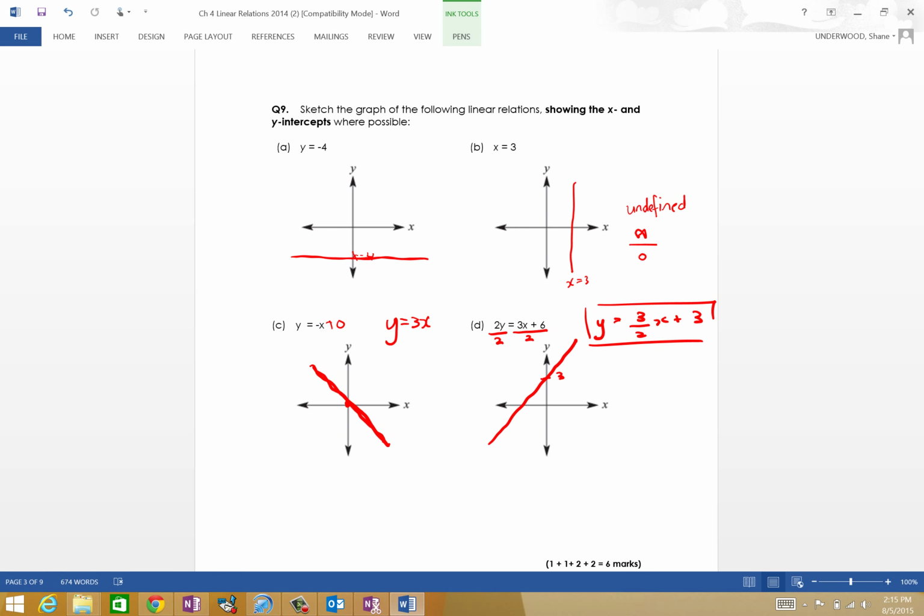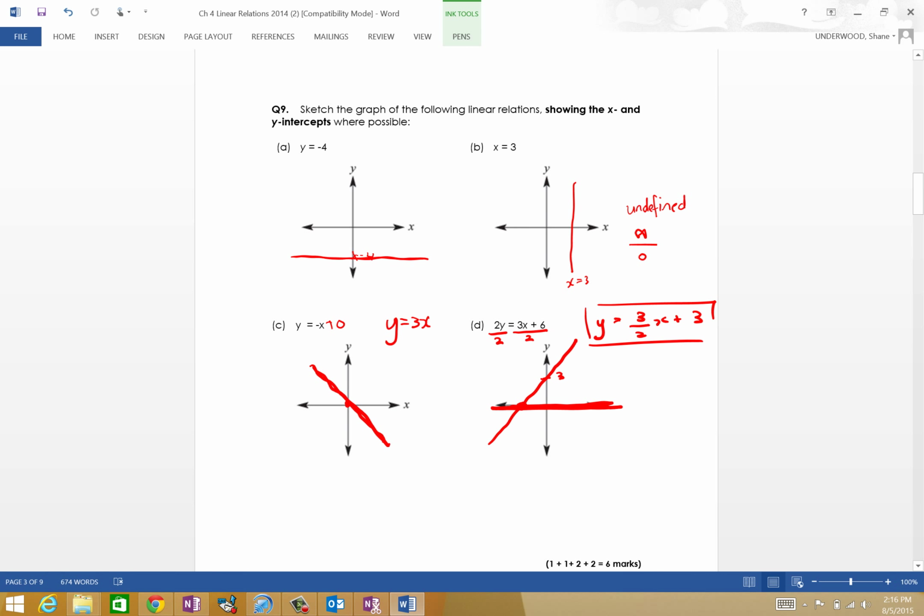No, that's the gradient. What does y equal here? The y-intercept's 3. But what does y equal at the point where it crosses the x-axis?